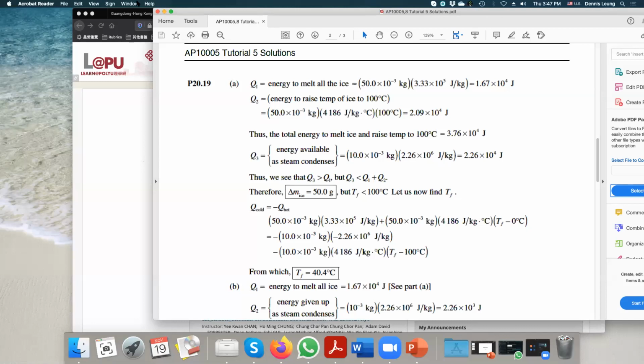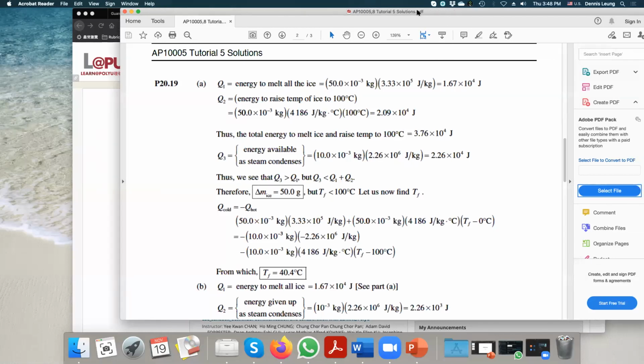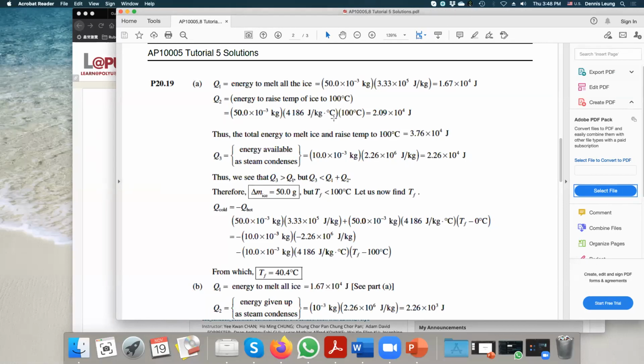Right, so by now you could see the solution here. The idea is like this. You have basically two systems. One is steam, the other one is ice. Q1 here refers to the energy to melt all the ice.